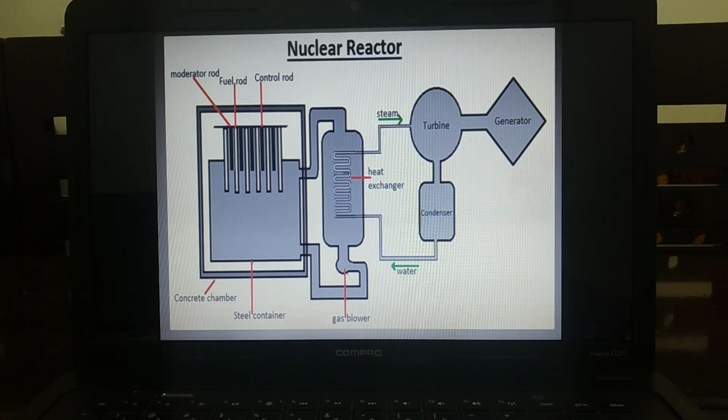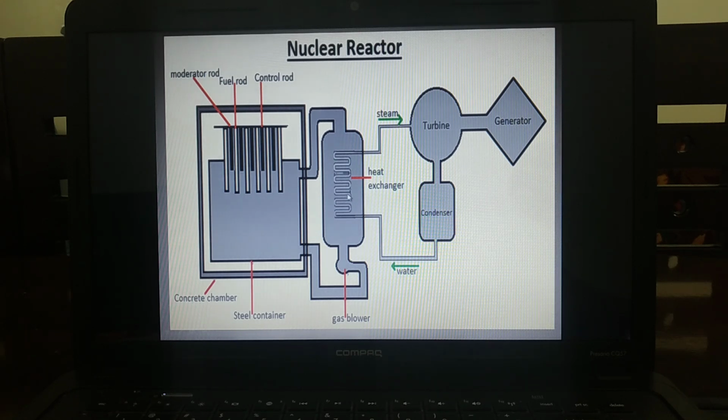It provides the entrance and exit passages of the coolant. Next is shielding. A concrete chamber encloses the nuclear reactor. Gamma rays, neutrons and other radiations come out from the reactor, so shielding prevents hazards to persons in the immediate vicinity.